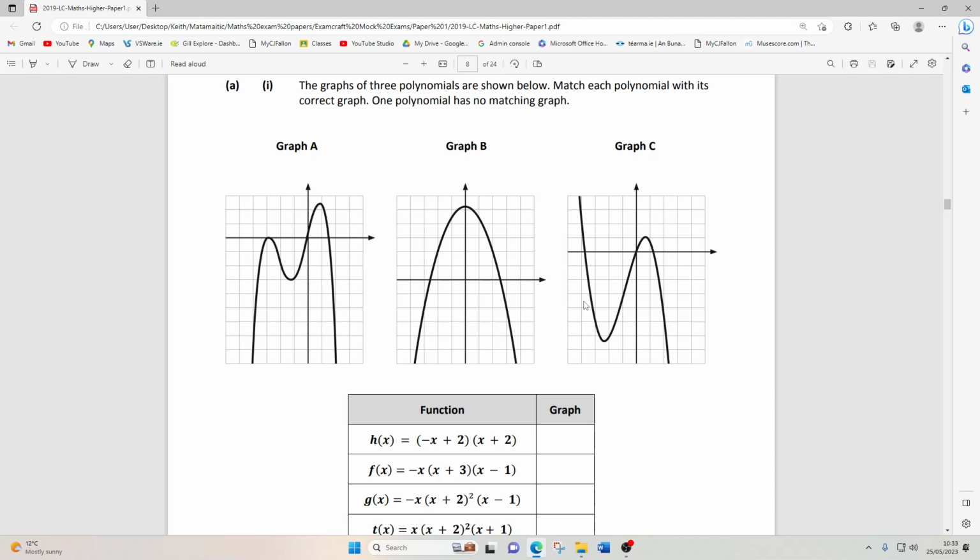Now let's try this function: f of x equals x minus 3 cubed, x minus 2 squared, x minus 1, over x plus 3 to the power of 2. There's a function. Sketch that function.